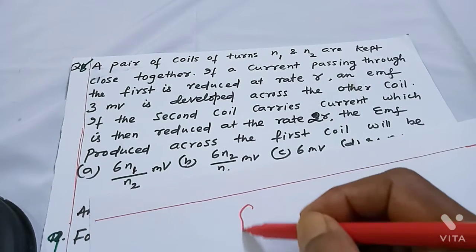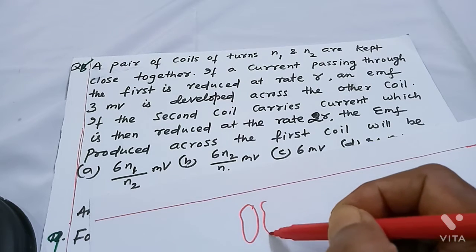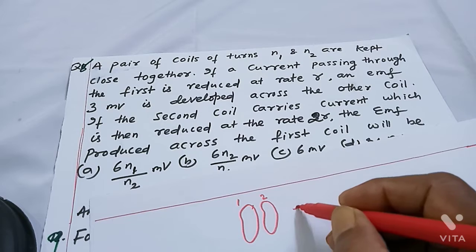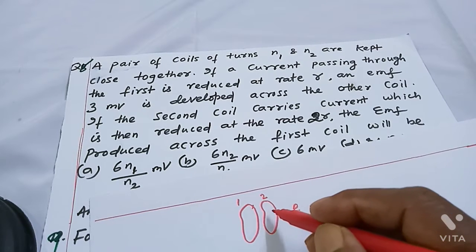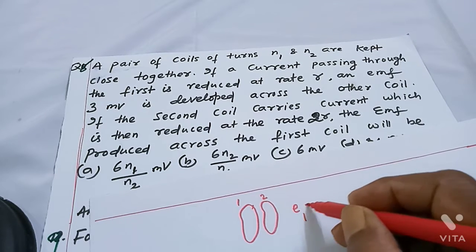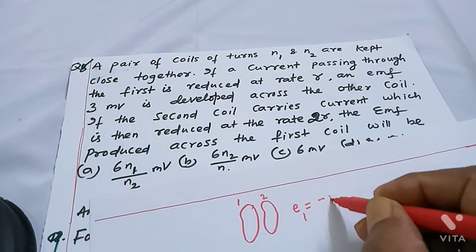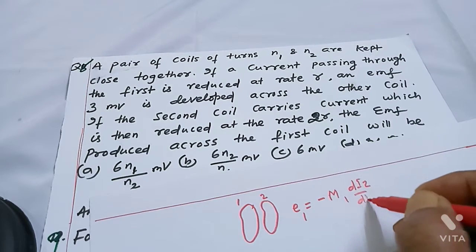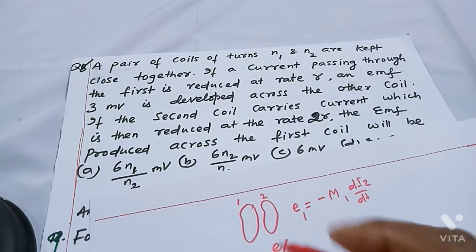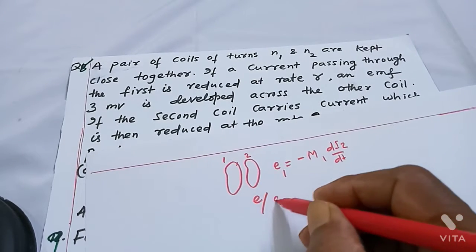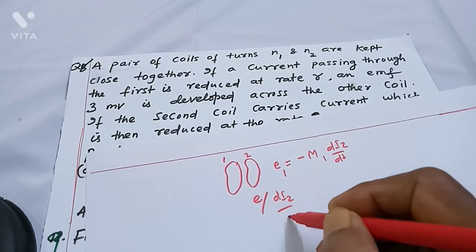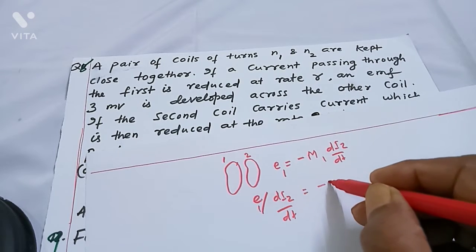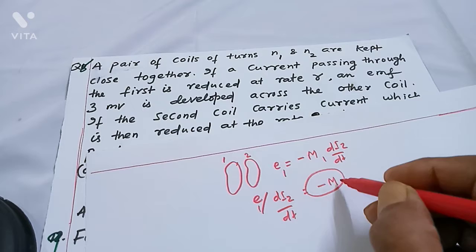Now, if we have two coils placed close to each other, coil 1 and coil 2, the EMF induced in coil 1 due to the change of current in coil 2 is E1 equal to minus M dI2 by dt. That is, the EMF induced for unit rate of change of current is equal to a constant for the two circuits, that is M, which is called mutual inductance.